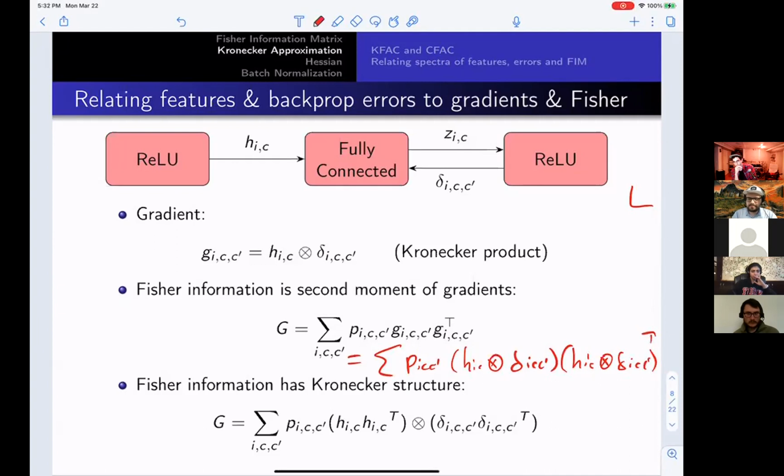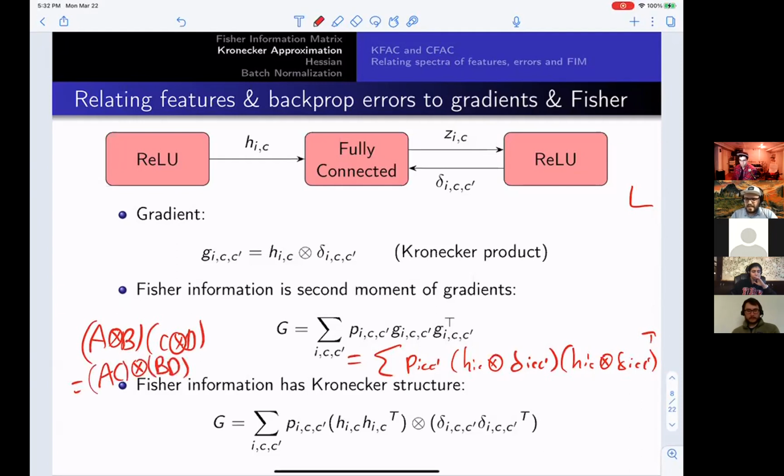Just by plugging in. Now, there is an identity which says that if you have A Kronecker B multiplied by C Kronecker D, it's equal to AC Kronecker BD. It's a very useful identity of Kronecker products.